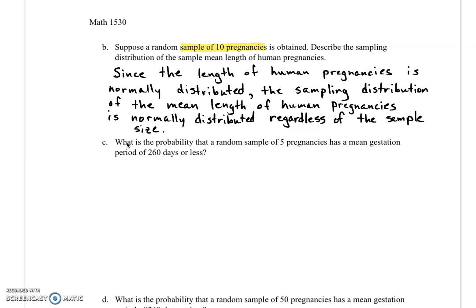Okay, now let's figure out the probability that a random sample of 5 pregnancies has a mean gestation period of 260 days or less. So we have the mean for the sampling distribution. That's always the same as the mean for the population.